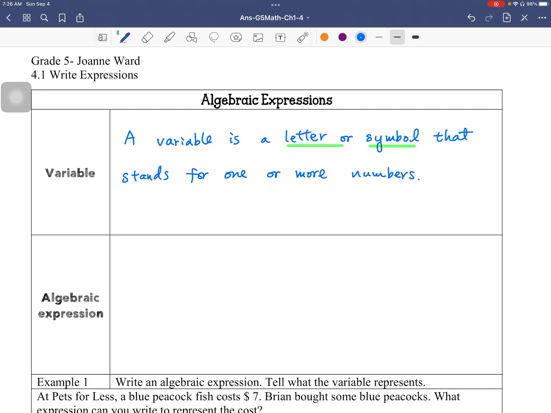So an algebraic expression contains at least one variable.